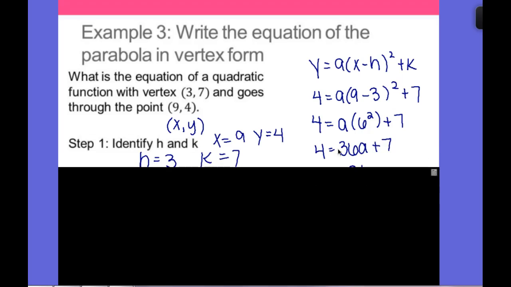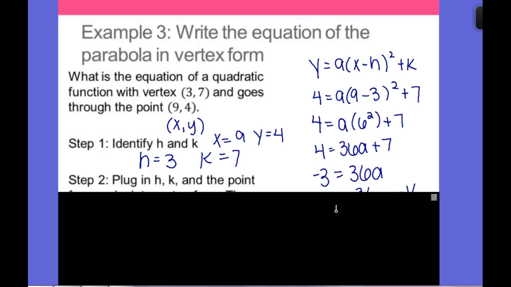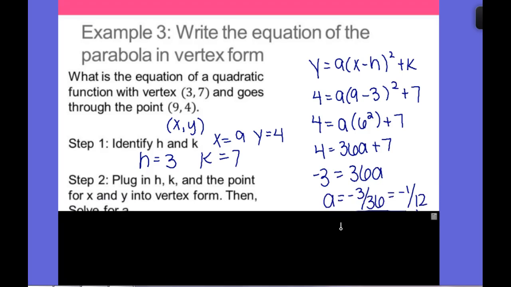So I have 4 equals 36a plus 7. Subtracting 7 from both sides, I get negative 3 equals 36a. And then what I'm going to do is solve for a, where I get negative 3/36.